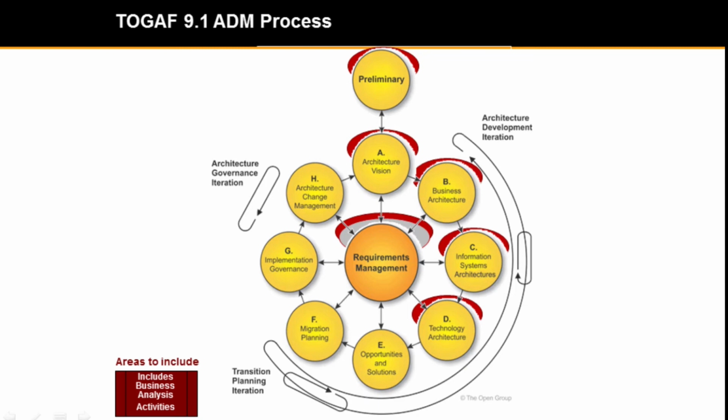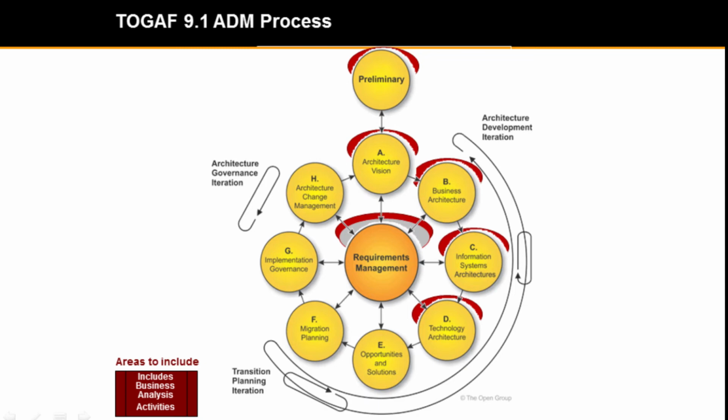So those phases overlap, if you wish, between the architecture work as well as the business analysis work. I will not be able to do much if I don't have a clear understanding of what the business strategy and the business requirements are. And that's why there is a great deal of emphasis on the business analysis work in the middle of the ADM where requirements management is concerned.